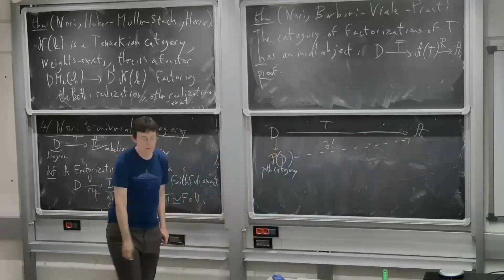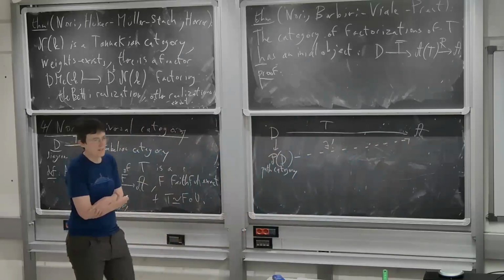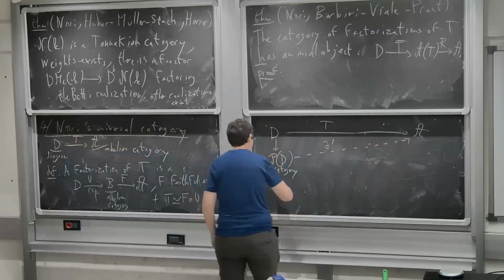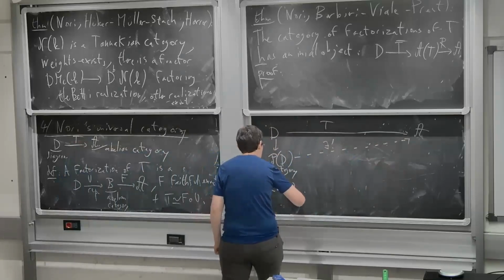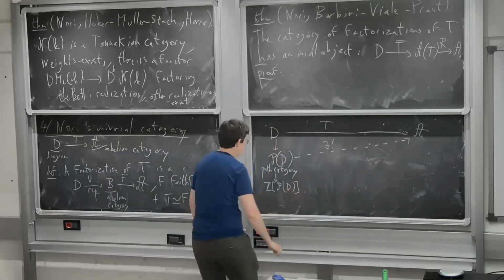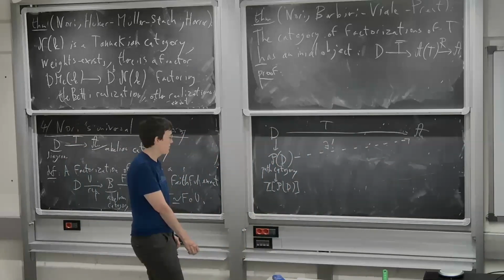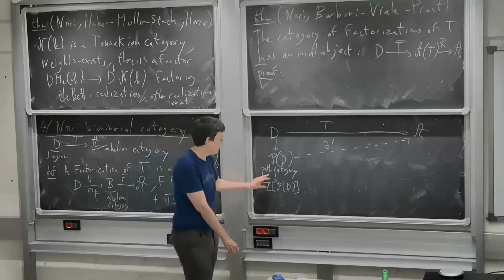Then you want to make this path category into an abelian category. The first thing is you make it into an additive category. I usually do that in two steps. First you have this pre-additive category: you take the path category and you just linearize it.